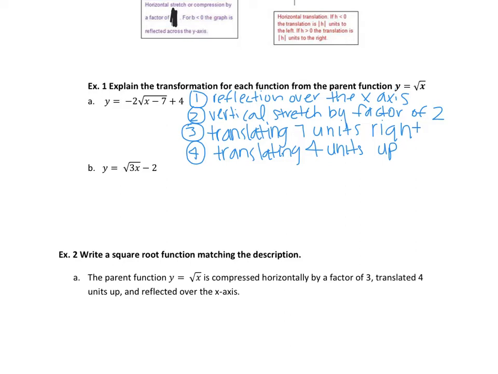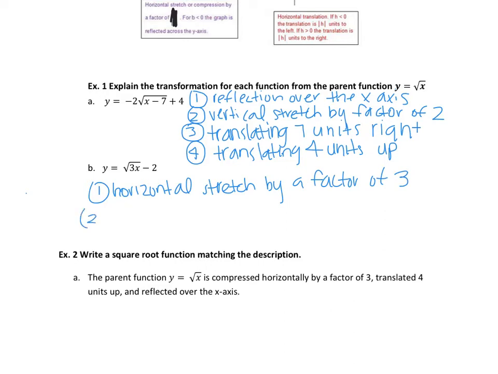Now we're going to do part B, and if you notice, we have only two things. We have that 3 underneath, and we have the -2. So first things first, I have a horizontal stretch by a factor of 3.